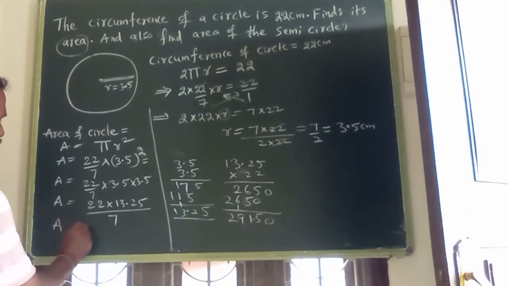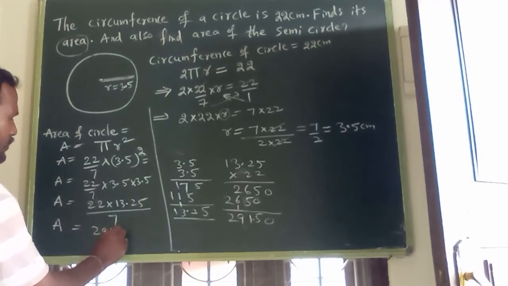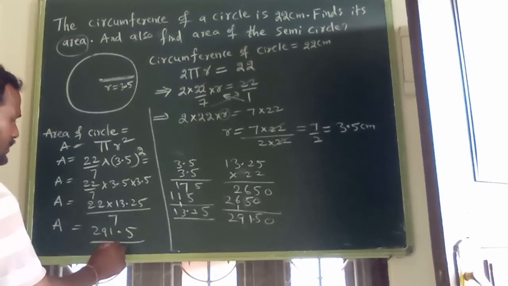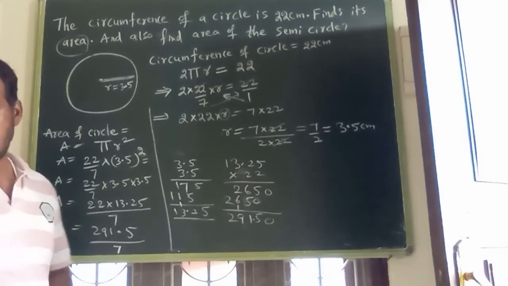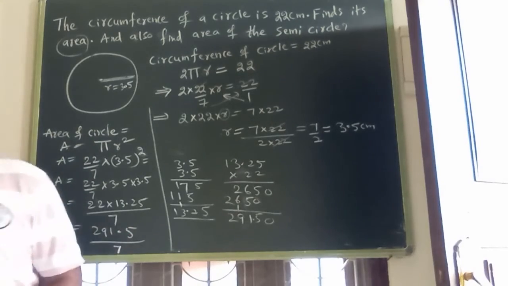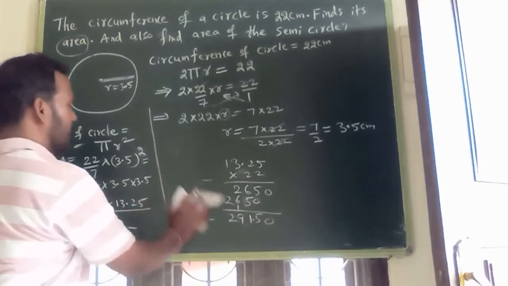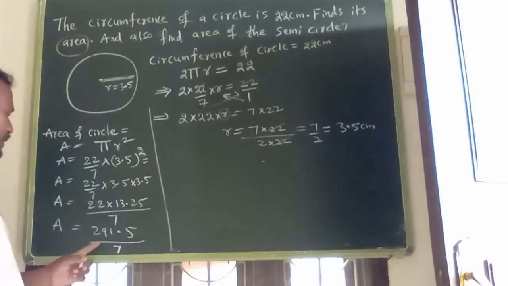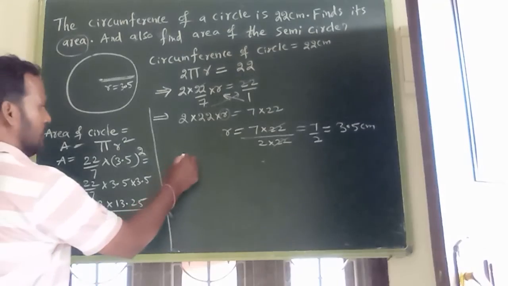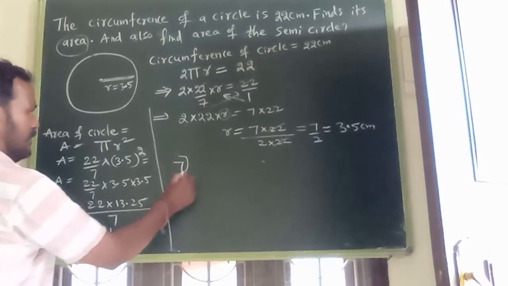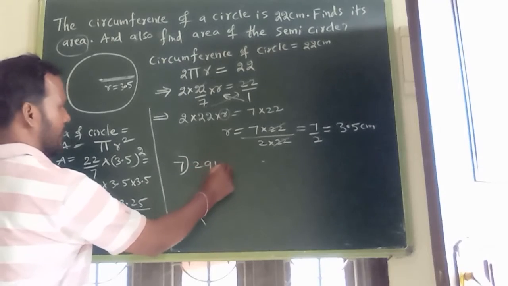Area is equal to 291.5 by 7. So we can divide by 7.